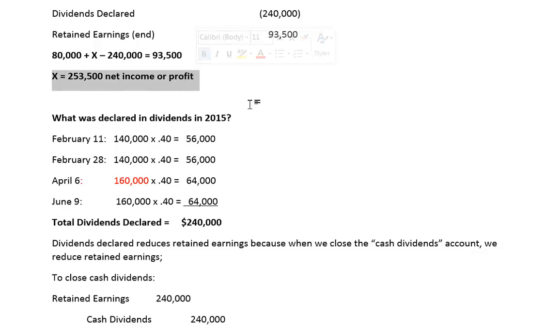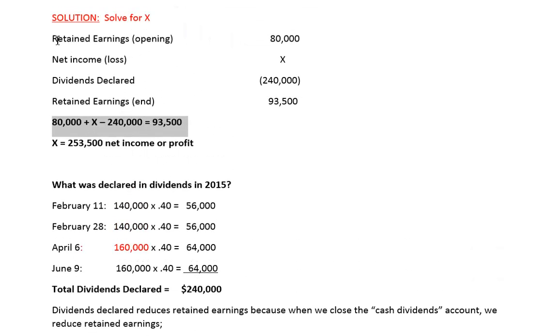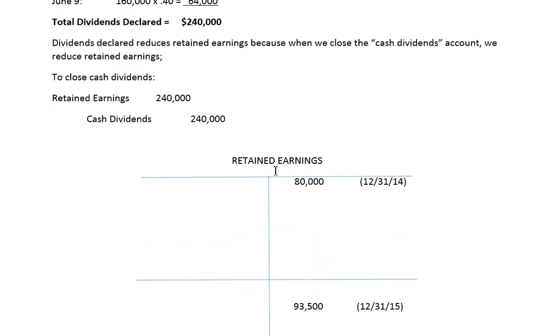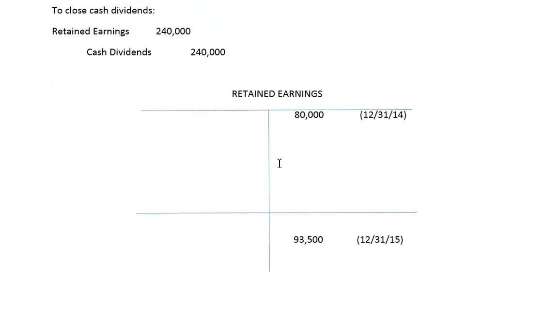Now, some students, when they do this question, prefer to use a very straightforward math formula, or what they know from their prerequisite course to be their mini statement of retained earnings. The other way you could do it, not all students like it this way, but you could do a T account. And you could say, well, I started with retained earnings at the end of 2014 of 80,000.